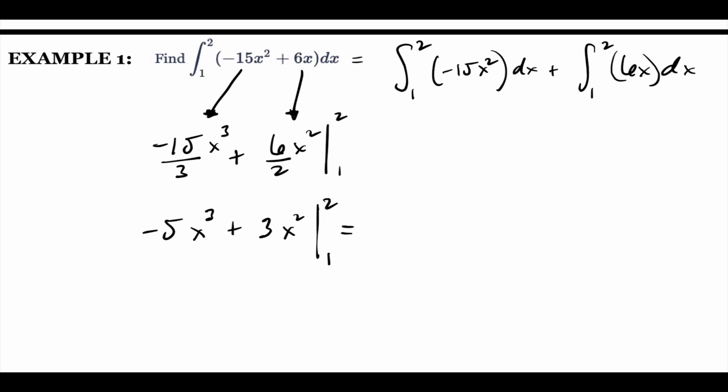So now what we're going to do is the evaluation part. Plug in 2 for x, get an answer. Plug in 1 for x, get an answer. Subtract those two answers. Okay, so I'm going to plug in 2 first. So here I get negative 5 times 2 cubed, plus 3 times 2 squared, minus.